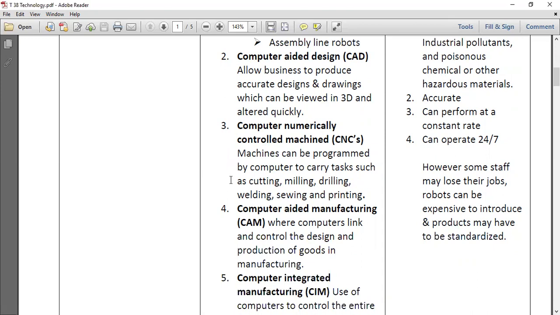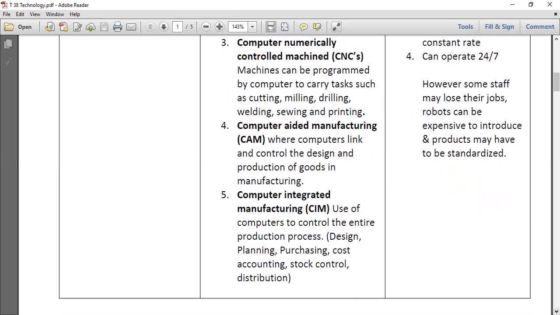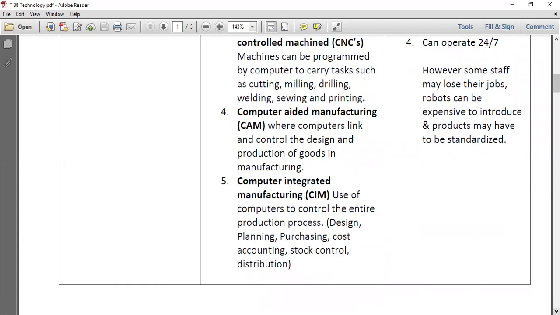Also, they are using the fourth one. CAM is an integrated method using computer-aided manufacturing. Computers are linked with the manufacturing mechanism, and then they control and design the production of goods and manufacturing. And also we talk about CIM, computer integrated manufacturing, which uses the design process and the manufacturing process together.